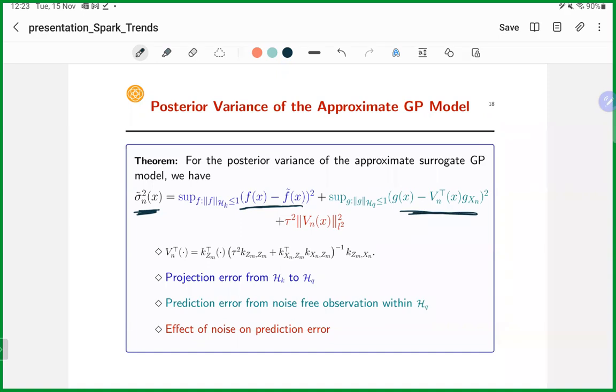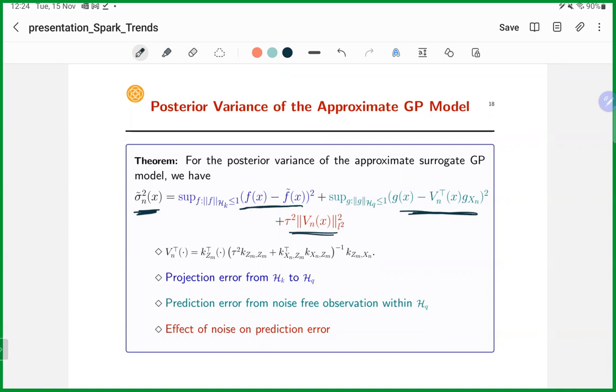So assume our data didn't have any noise. So this captures the prediction error from noise-free observations. And the third term captures the effect of noise on prediction error, basically the power of noise in the prediction.